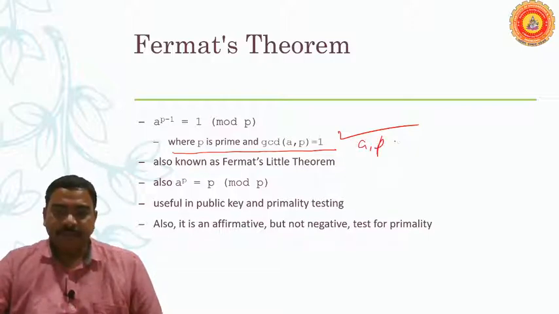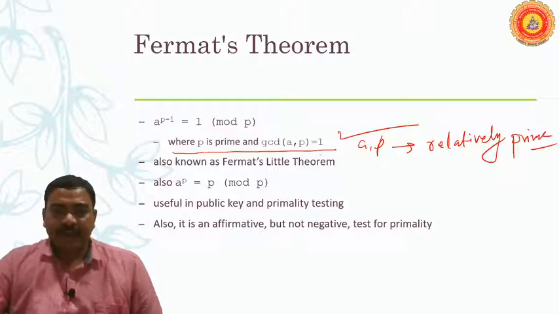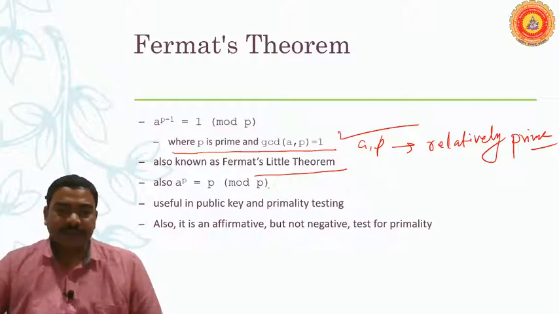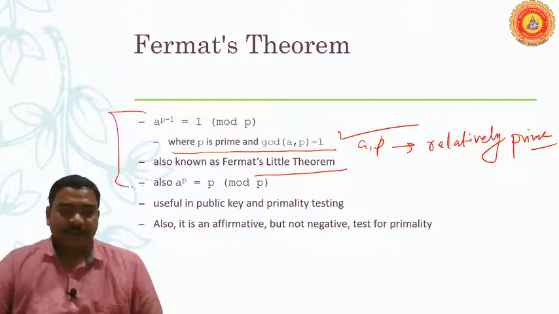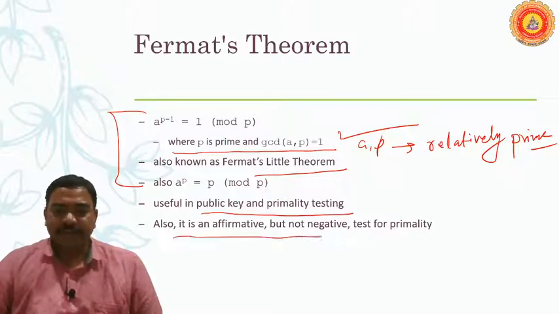A and p are relatively prime, also known as Fermat's little theorem. Also, a to the power p is equal to a mod p is also known as Fermat's little theorem, useful in public key cryptography and primality testing. It is affirmative but not negative, a test for primality.